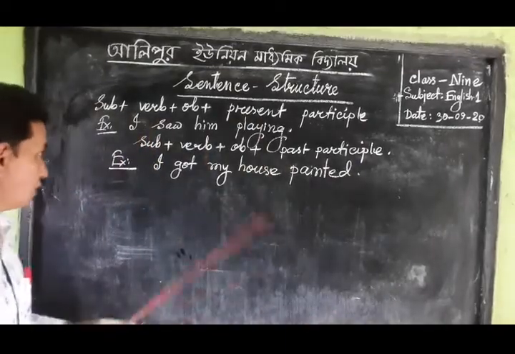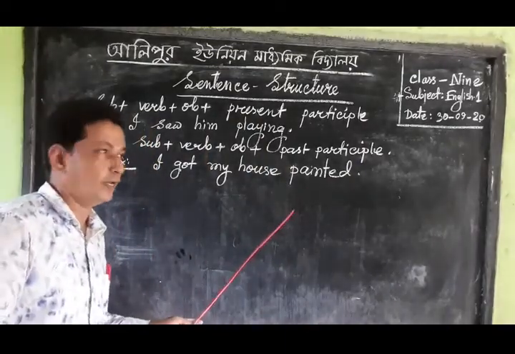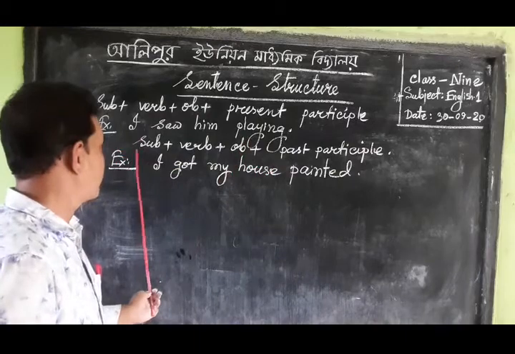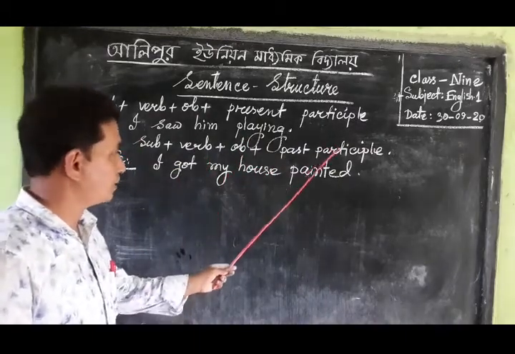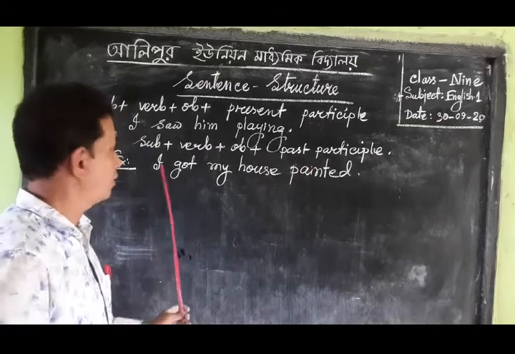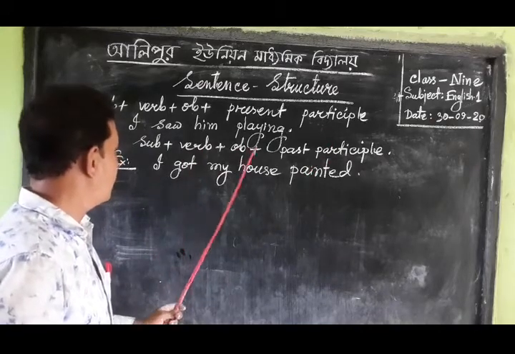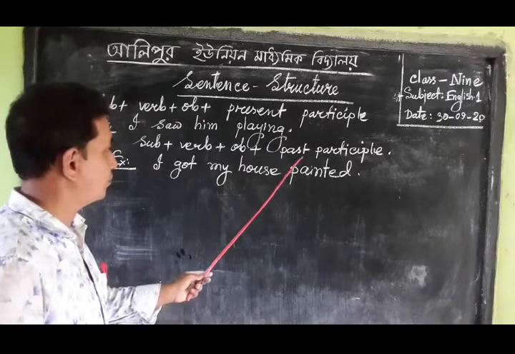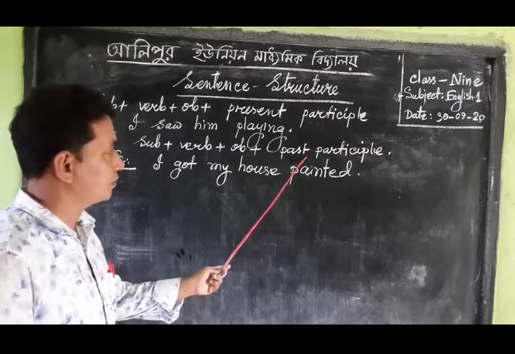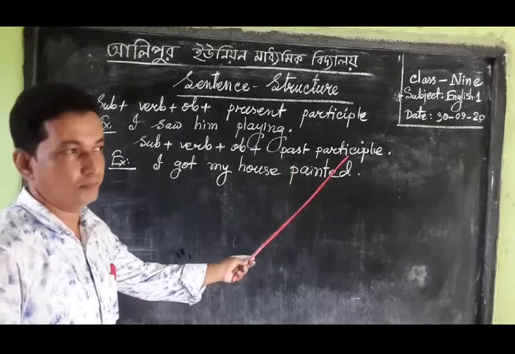Dear learners, look at the blackboard. I have written an example of the structure: subject, verb, object, past participle. Here I is the subject, bought is a verb, and my house is an object, and painted is a past participle form.